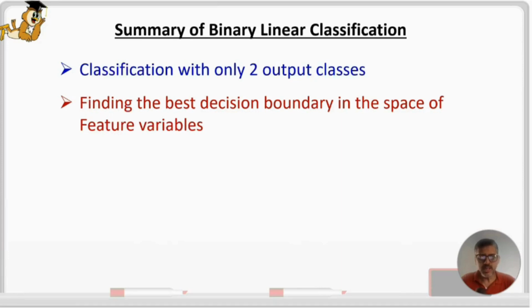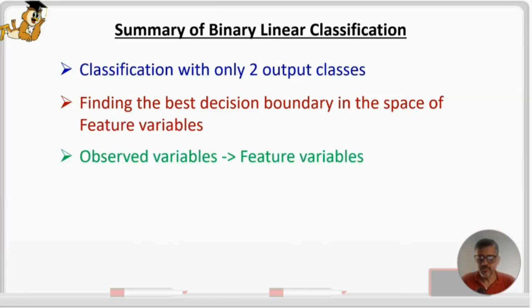Solving the binary linear classification problem essentially involves finding the best linear decision boundary in the space of feature variables over your training set. So you have training data with yes, no labels, and based on the training data, your job is to find the best decision boundary such that it separates the points in the two different classes, right? So that is the job of the binary linear classifier.